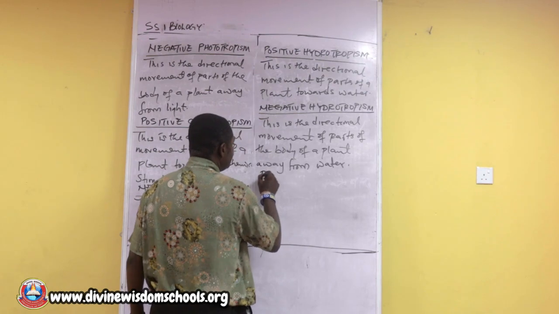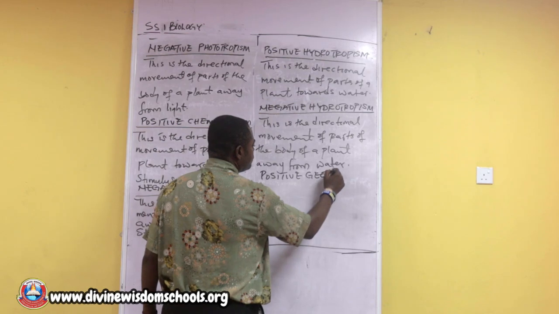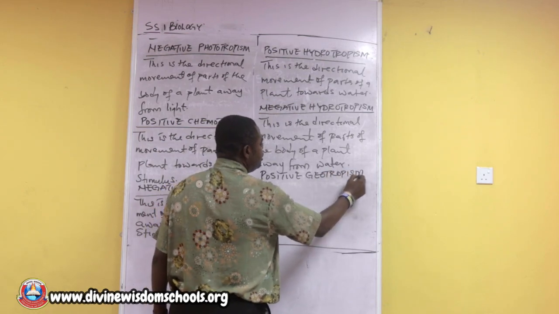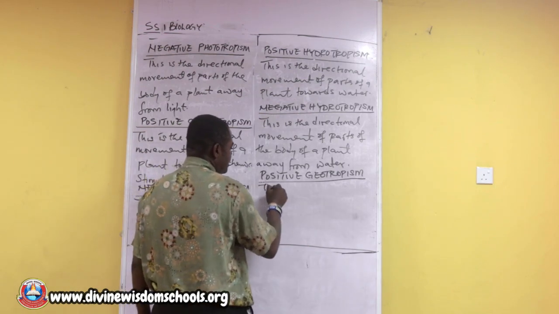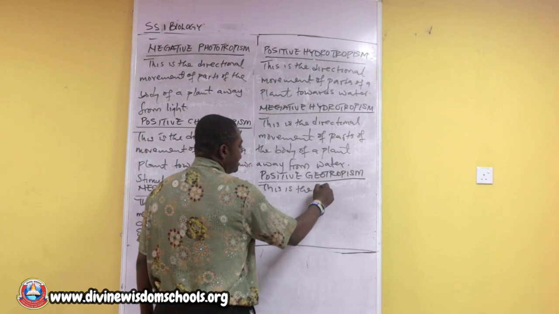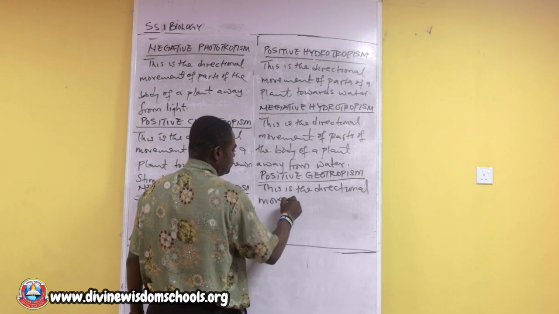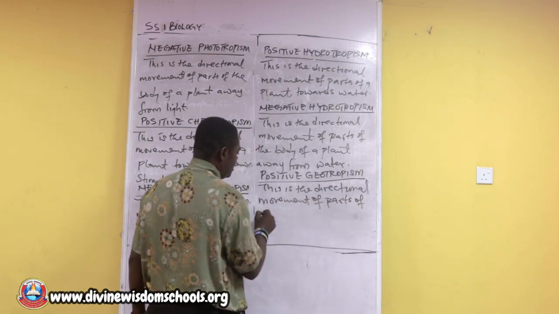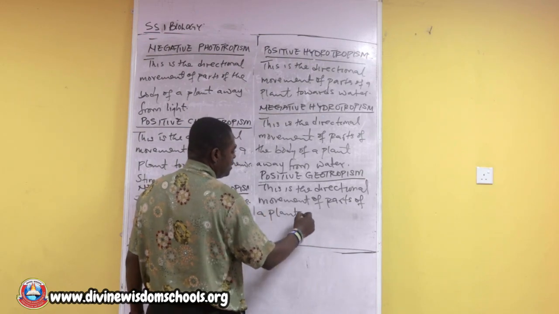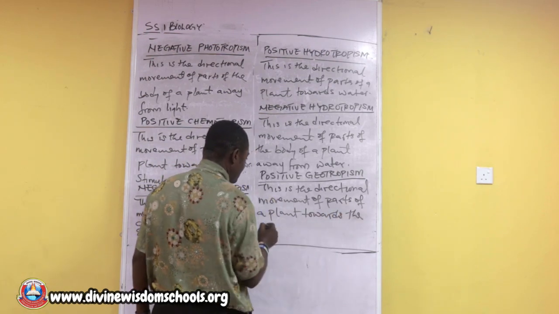So we still have positive geotropism. When you say geo, it has to do with earth, downward, gravity.